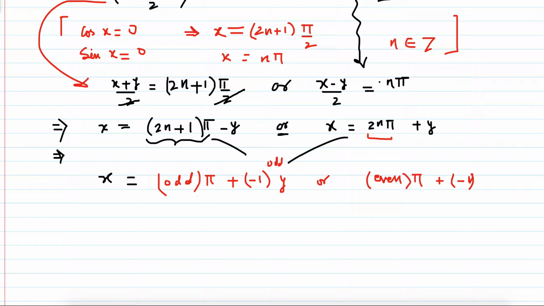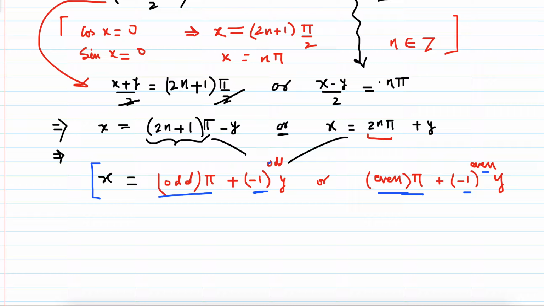So even power of minus 1 will be plus 1. So we have found the similarity between these two expressions. If an odd multiple of pi is there, then we have minus 1 to the power odd times y, and if an even multiple of pi is there, then we have minus 1 to the power even times y.